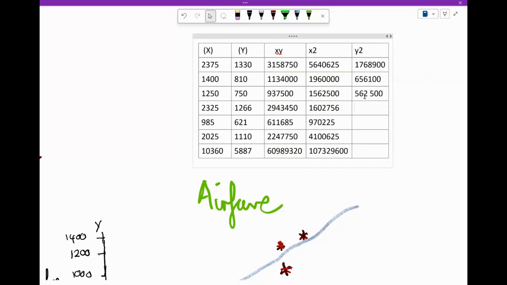Is it making sense though? Do you understand what we're doing? Those are the totals. The last row is literally the total.